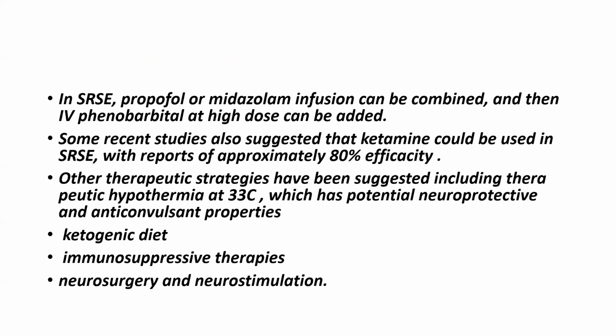Again, there is controversy about using hypothermia, but we should avoid fever and try to keep a low temperature because it has a neuroprotective effect, though it is not proven by studies. The next lines of management are the ketogenic diet, immunosuppressive therapy, neurosurgery, and neurostimulation. Again, there is no evidence to support all these therapies, but we can try.